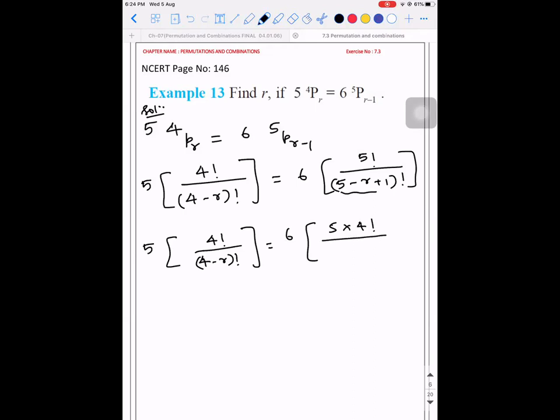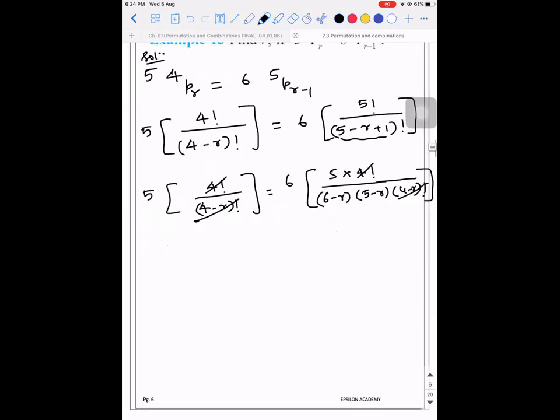If you look at the denominator, it is (6 minus r) factorial. So (6 minus r) factorial is (6 minus r) into (5 minus r) into (4 minus r) factorial. So (4 minus r) factorial, (4 minus r) factorial, and 4 factorial is gone. So 5 and 5 are also gone.